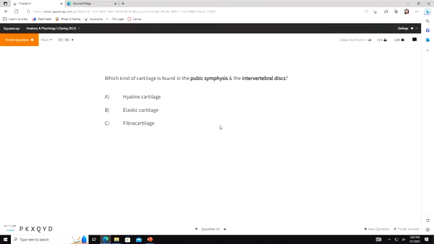Next, I asked you about another kind of joints that also uses cartilage, but this time the cartilage is not hyaline cartilage. This time the cartilage is fibrocartilage. Because remember, my intervertebral discs need to be really tough, so I've got that fibrous cartilage.